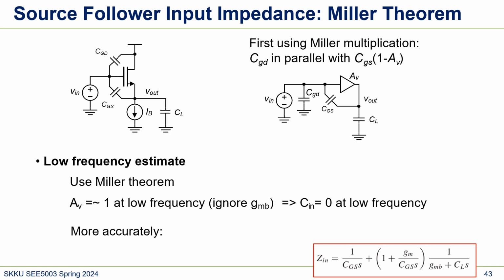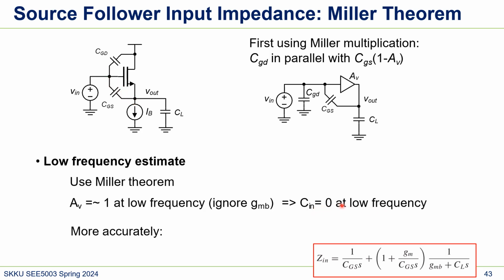Now let's use Miller theorem. So the gain from the source follower is basically 1, right? So we don't see any CGS because this node and this node are moving the same, so we don't see any current flow here.